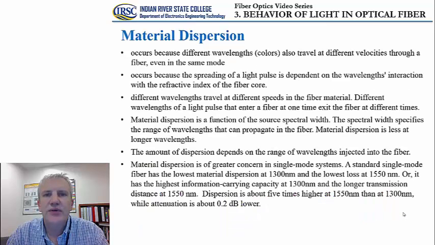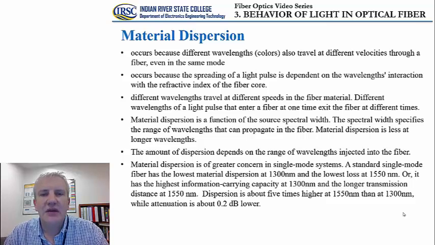Another type of dispersion is so-called material dispersion. Material dispersion occurs because different wavelengths, different colors travel at different velocities through a fiber. It's important to mention that the light that's being transmitted along the optical fiber is at a specific wavelength, but that's not going to be just that one specific wavelength, but rather a short interval around that specific wavelength.